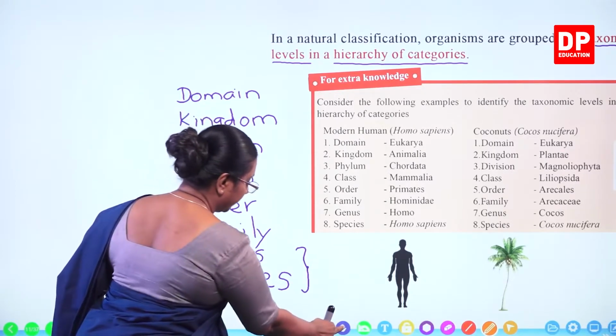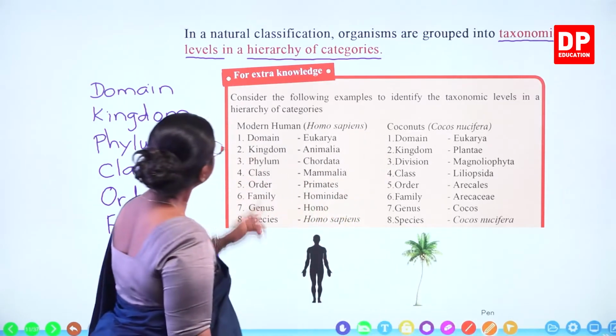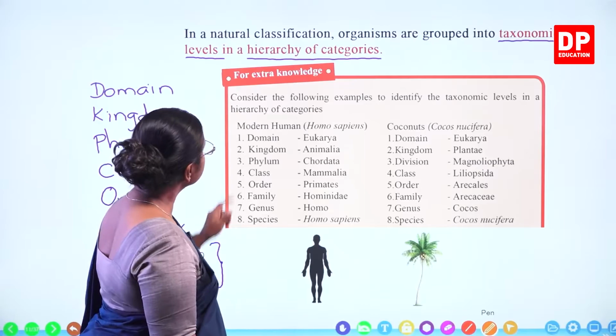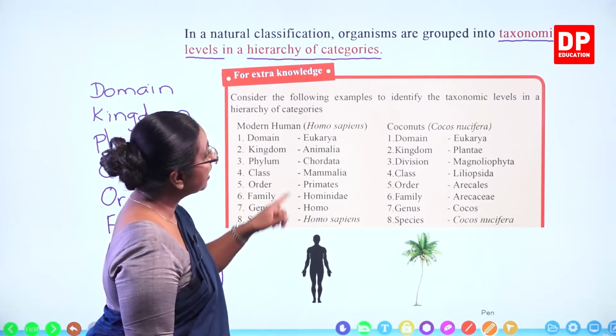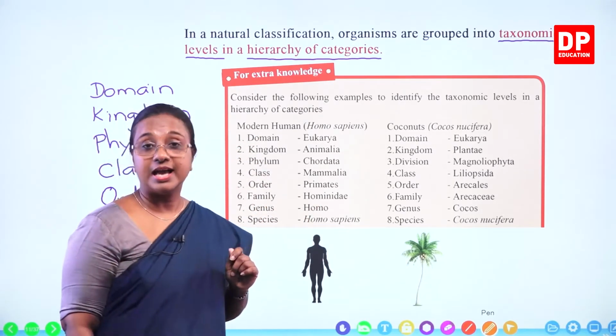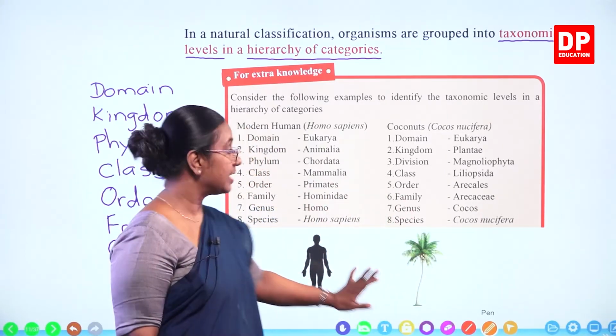Here, if we look at two examples given to you, that is again for extra knowledge, consider the following examples to identify the taxonomic levels in a hierarchy of categories. Under that, two different examples are given.